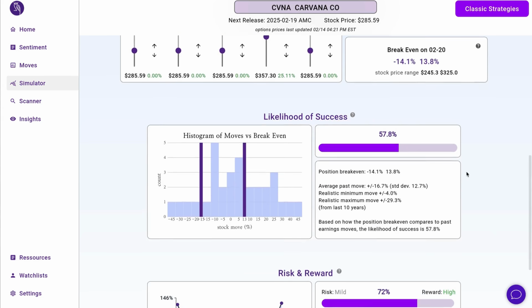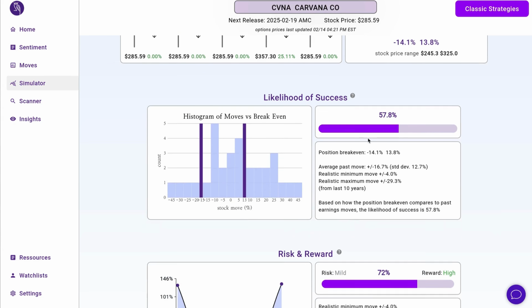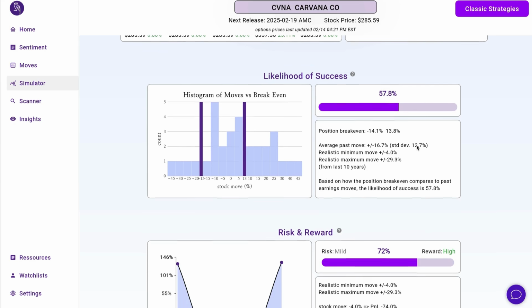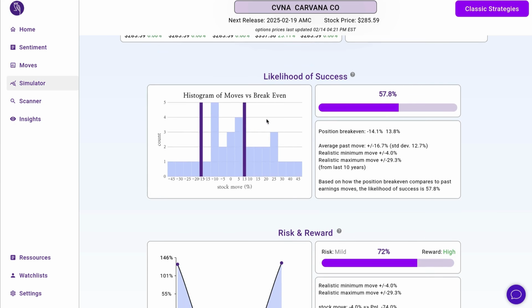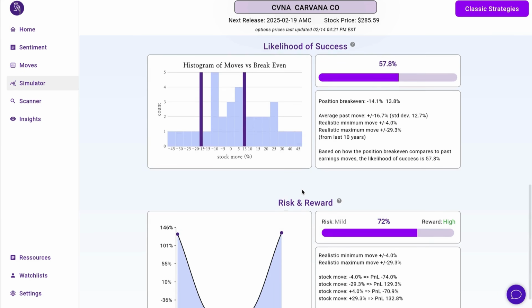As we scroll down, we have other statistics, especially comparing this break even to the histogram of moves, the range of moves, and you see that we have an overall score of 57. Perhaps not the highest, but given how volatile the stock is, we are happy with this break even, and we see the fat tail of moves that happen outside of our range, with many moves in the 20 to 25.